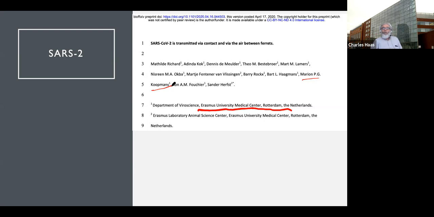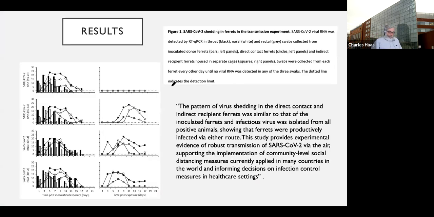So the design of the study was very much the same as the influenza study, again with ferrets. The left-hand figure represents the ferrets that were primarily exposed. The right-hand figure represents ferrets that were exposed by air and by direct contact. And I've copied the conclusions.